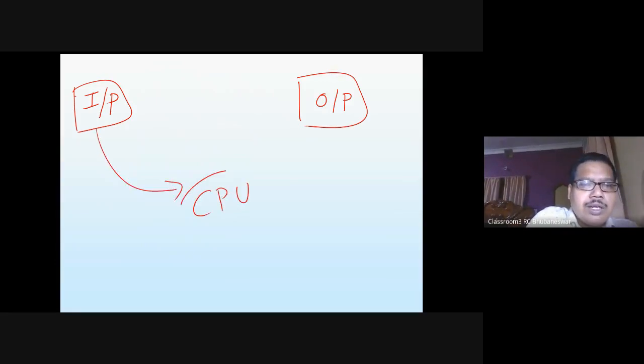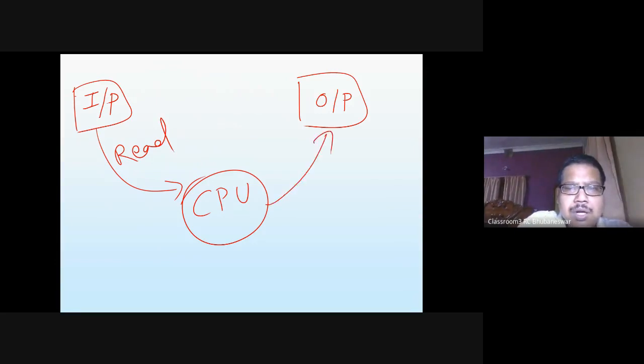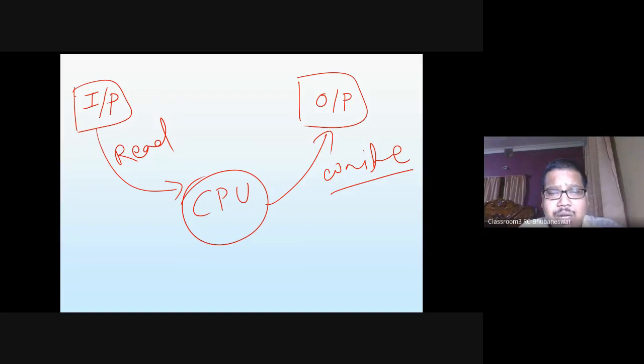So for any reading and any writing, we have to use this CPU. That means what I'm trying to say is, a CPU is used for computation.